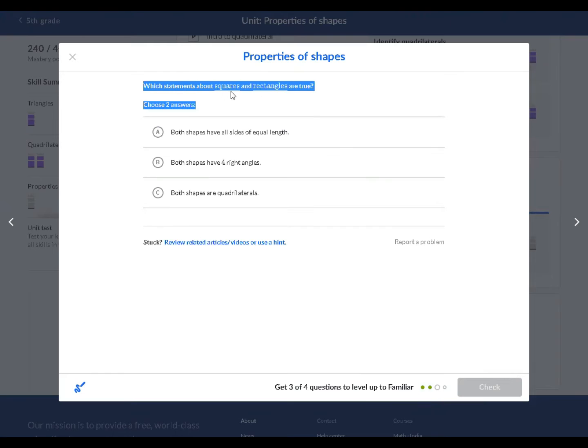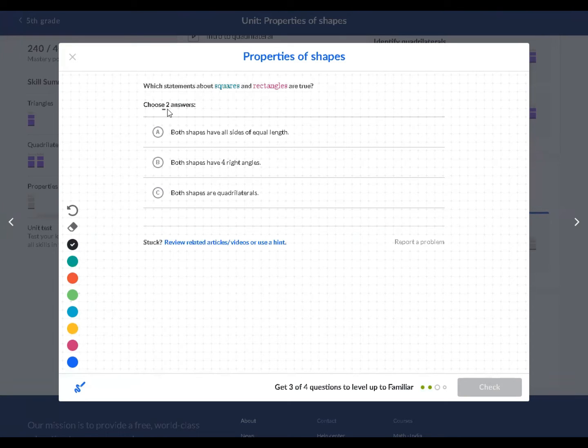Which statements about squares and rectangles are true? So we have to choose two of these. Both shapes have all sides of equal length. No. Rectangles have opposite sides equal, so it's not necessary for a rectangle to have all sides equal.